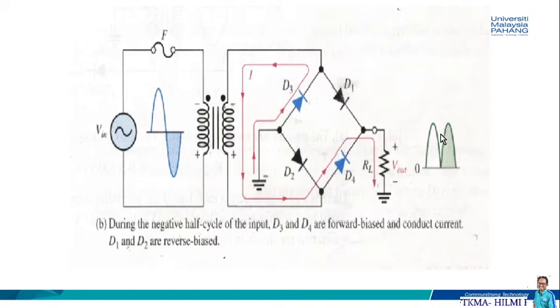Basically it's going to be opposite to the input voltage, because the current flow here is all in one direction. So a full wave rectified output voltage appears across RL as a result of this action. During the positive input, the output voltage is positive. During the negative input, the output voltage is still positive.